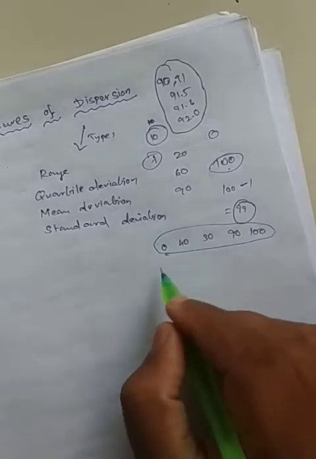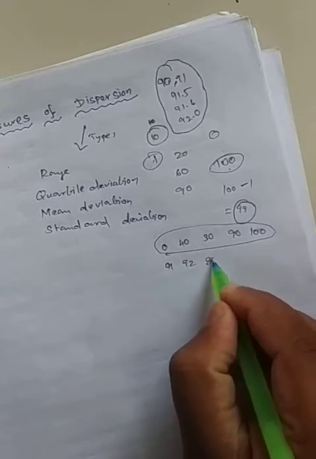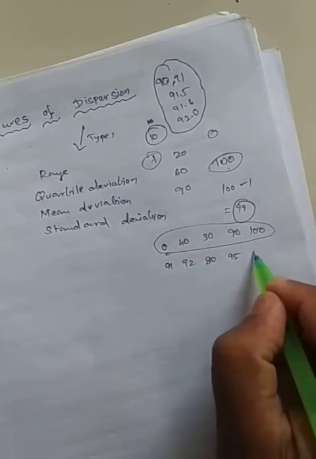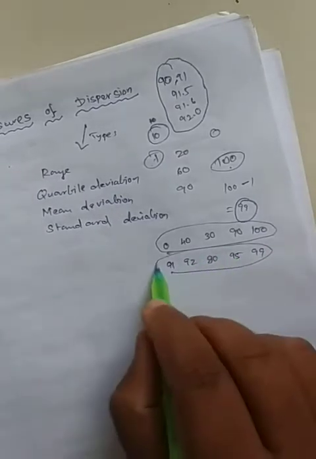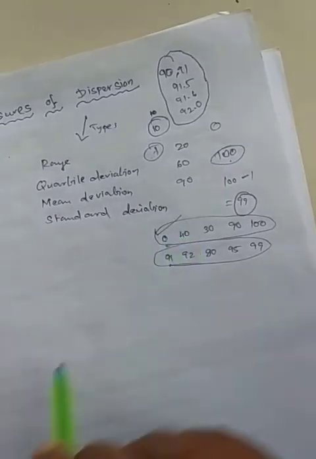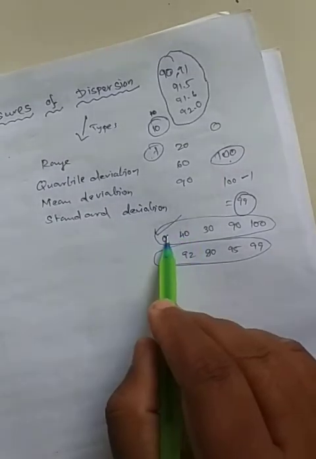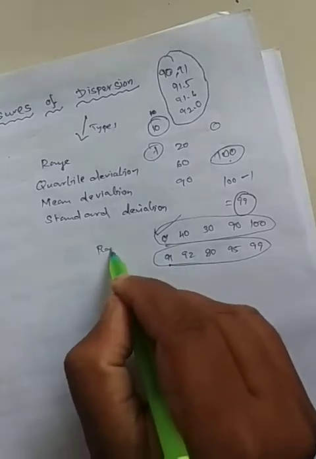If a child is having, for example, 91, 92, 80, 95 and 99, then there is a connection. They are in and around 90. In which category will you say the range is more? Wide dispersion is there here, whereas here dispersion is less. That is the range you want to find.